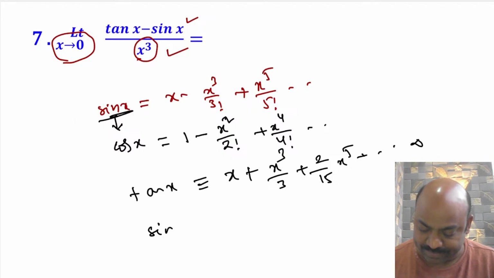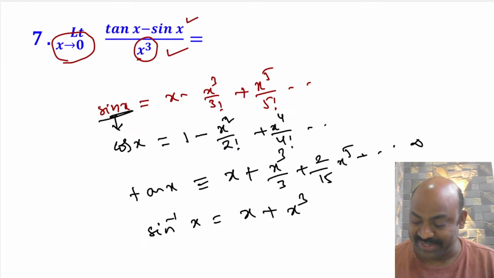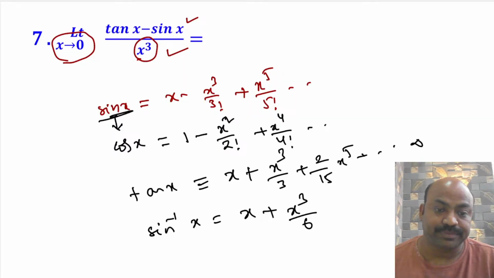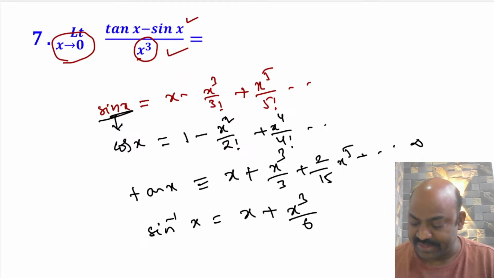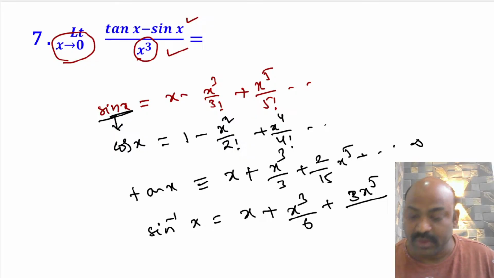I'll go with two more things. Sin inverse x is approximately equal to x plus x cube by 6. How much? x plus x cube by 6. Clear? If you want, you can write more terms, so take it down very carefully: x plus x cube by 6 plus 3x power 5 by 40 and so on, infinite.